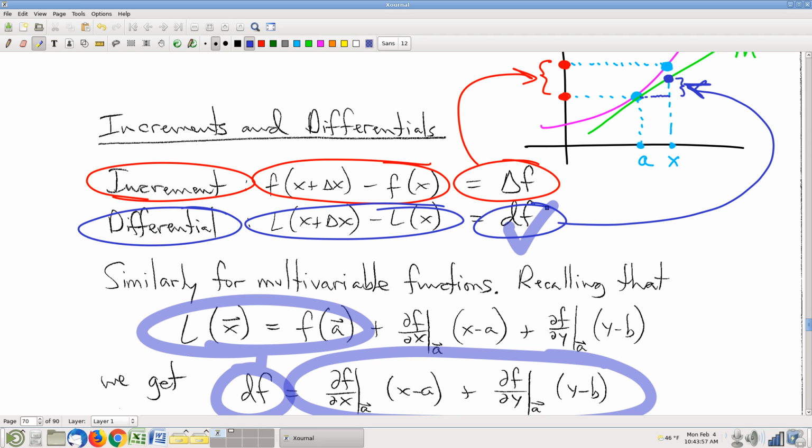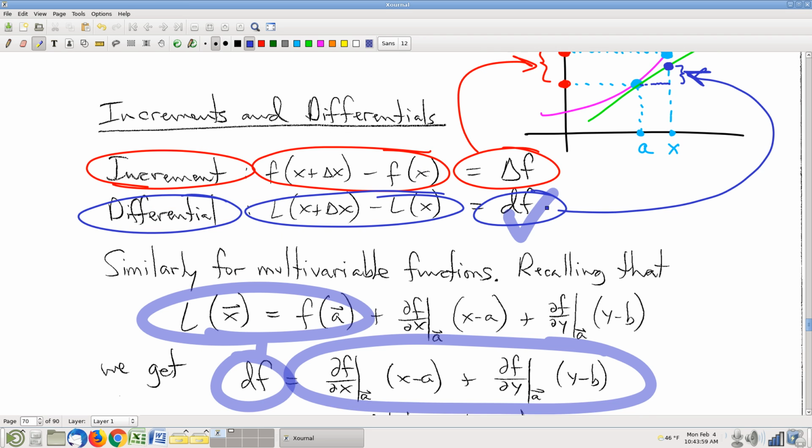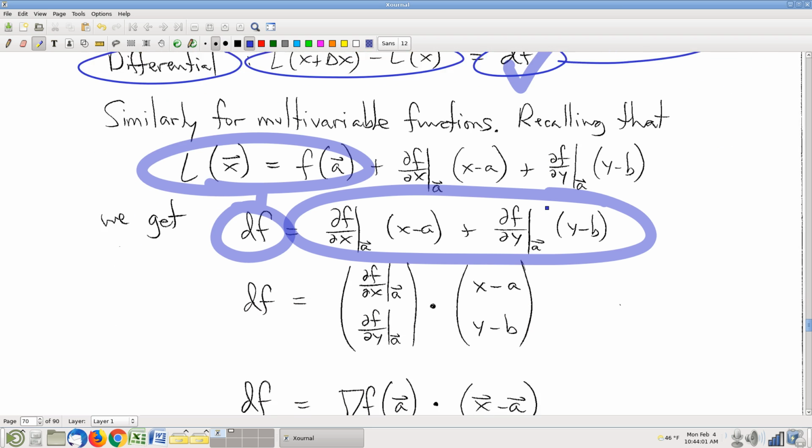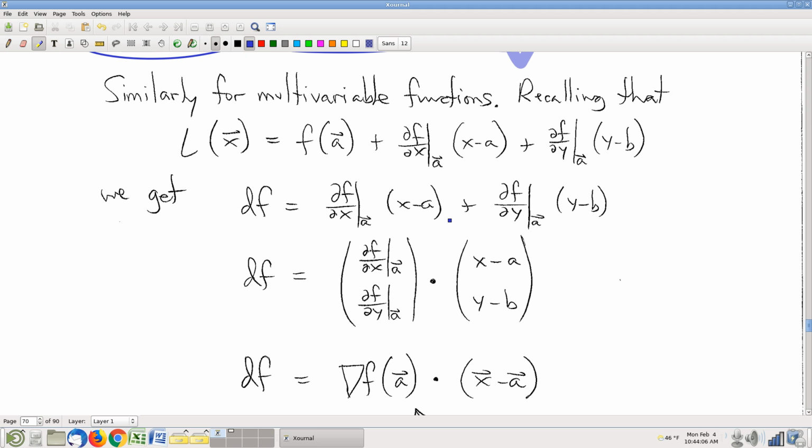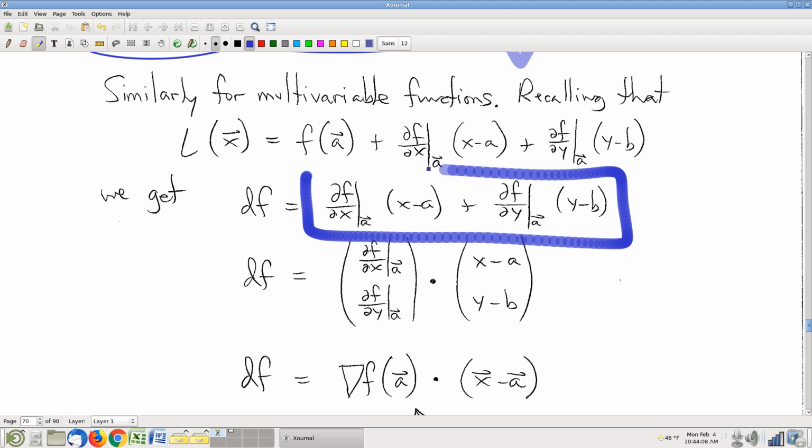So this is analogous to this thing here in single variable calculus. Okay, so differential. Now let's rewrite this a little bit. You just kind of notice that it is in fact a dot product. Look at this. It's that and that multiplied by that and then added.